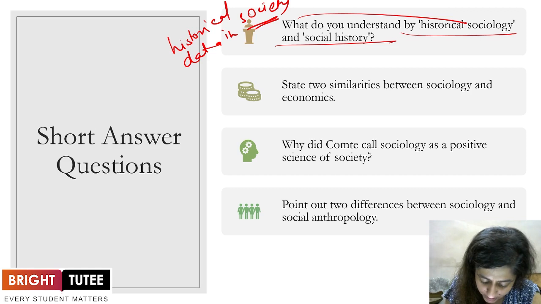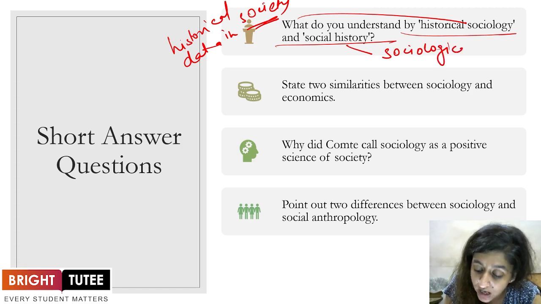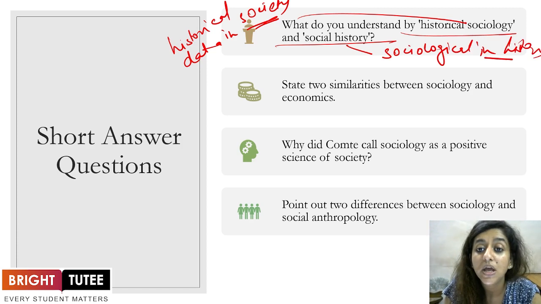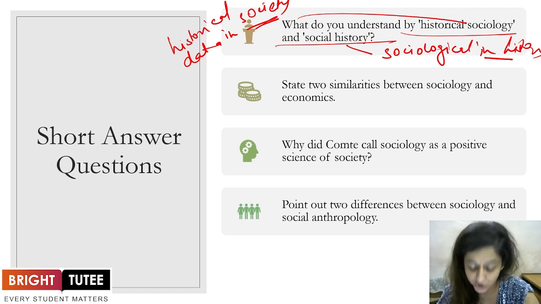On the other hand, when you understand that events cannot be understood without reference to other events, and you have the reference of sociological data in history, that is what is known as sociological history.